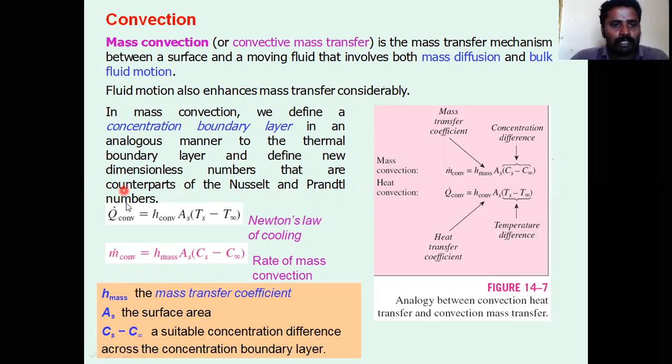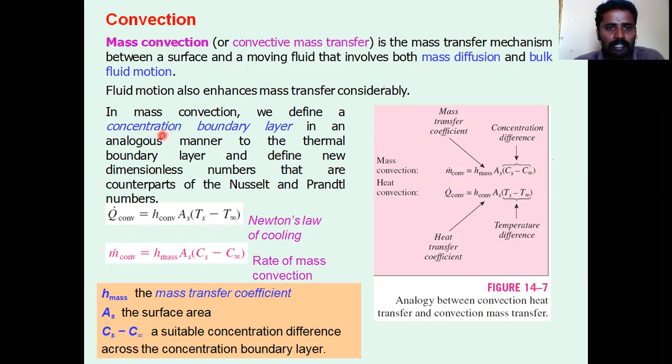Let's recall convection in heat transfer. It is the energy transfer from a solid surface to the fluid boundary, where boundary layers develop. We already know the thermal boundary layer and the hydrodynamic boundary layer.